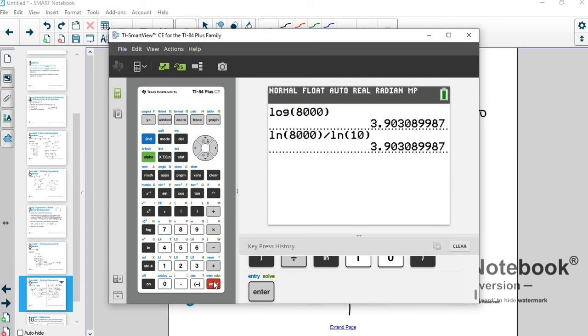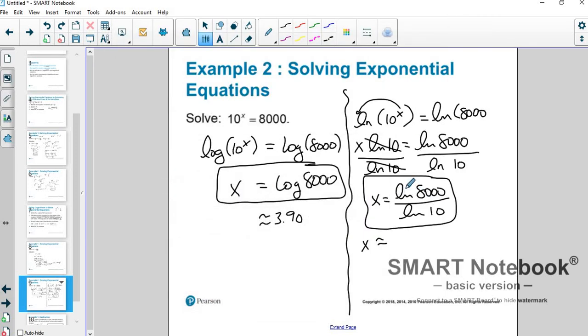They are equivalent, so it doesn't really matter which way you do it. Be careful in MyMathLab if it asks you for exact answers. It's probably looking for it in terms of ln, but make sure that you express it properly based on the directions. These are both 3.90, the same number.